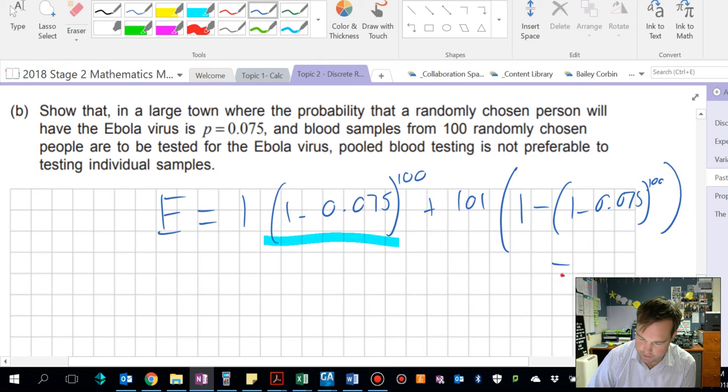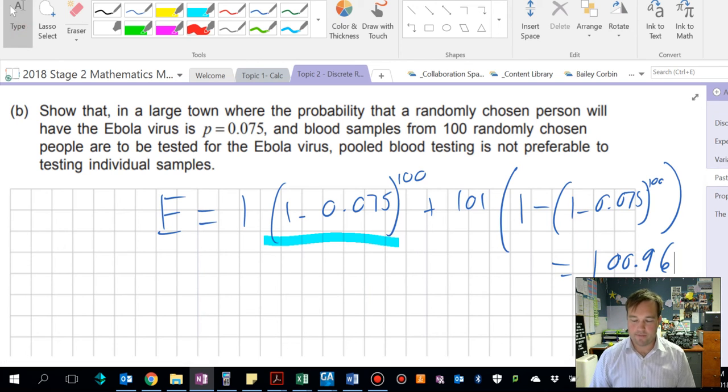And it turns out that this is equal to 100.96. So because it's equal to 100.96, that has an expected value of higher than 100, so it would be easier just to test the 100 people rather than pooling the samples, because by pooling the samples we're expecting to do 101 tests, well 100.96 tests per 100 people.